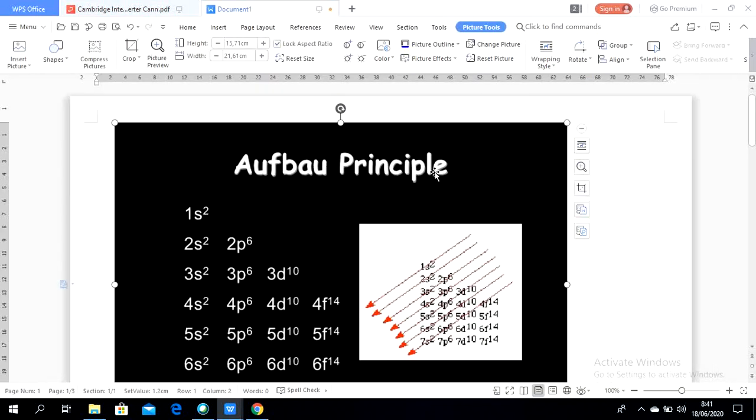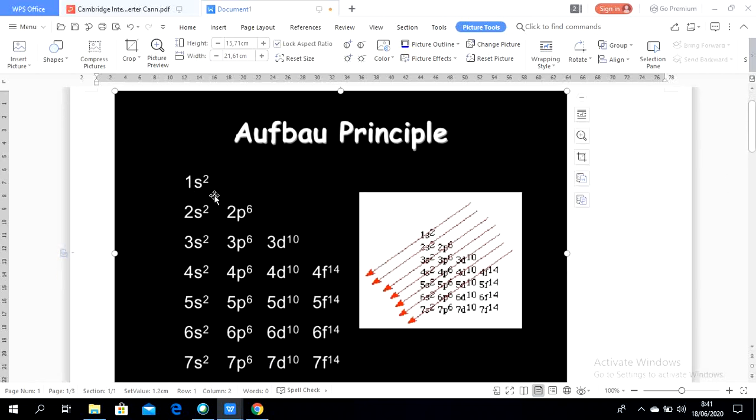Aufbau principle. This is how the atomic configuration looks like for S, P, D, F. So this is 1, 2, 3, 4, 5, 6, 7. These are called the quantum number. S means the subshell.